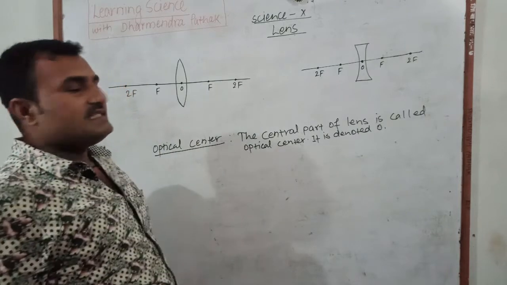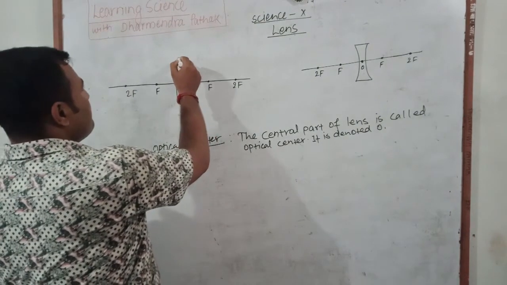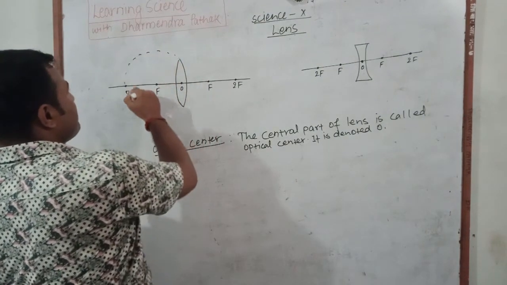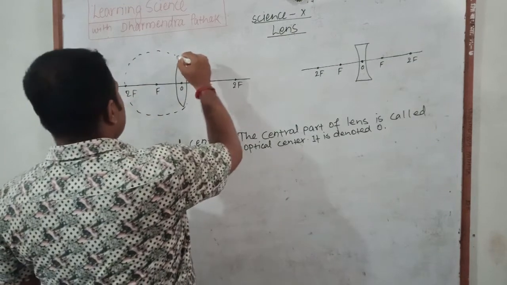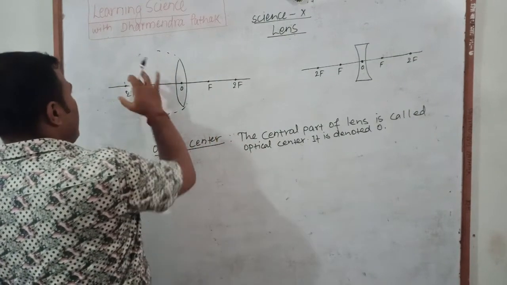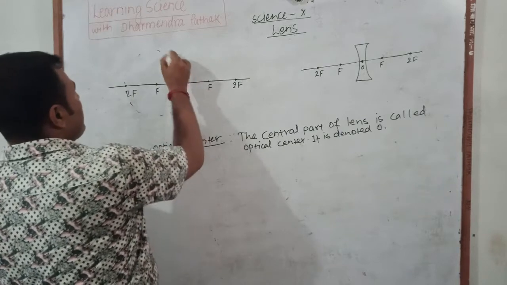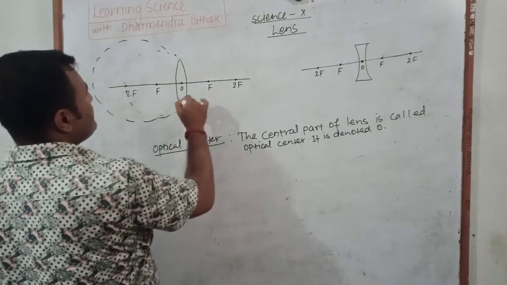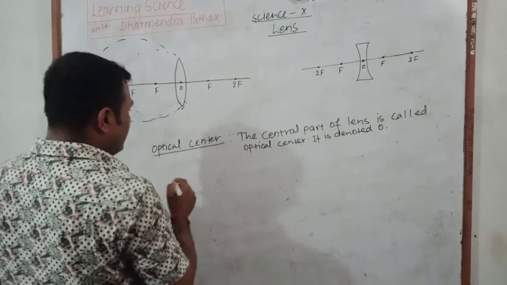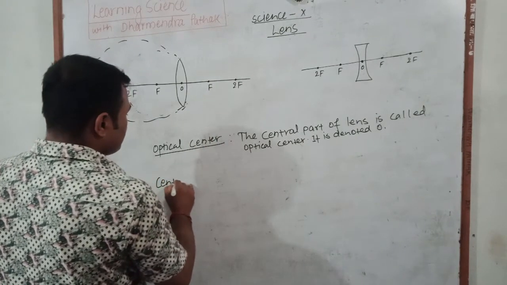And we imagine that the lens is made up of parts of spheres. The center of the sphere from which the lens is made is known as center of curvature.